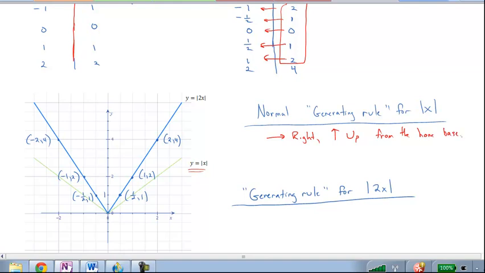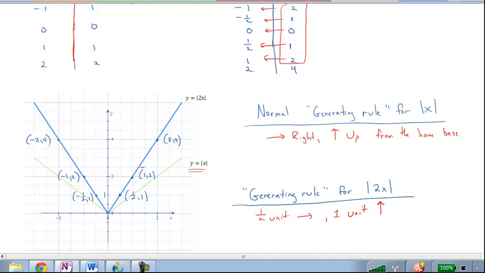For this new function, absolute value of 2x, it's go 1/2 unit right, 1 unit up. Because we're shrinking by 1/2, as we generate points, for every half unit we go over to the right, we want to go 1 unit up. That results in a different looking graph.